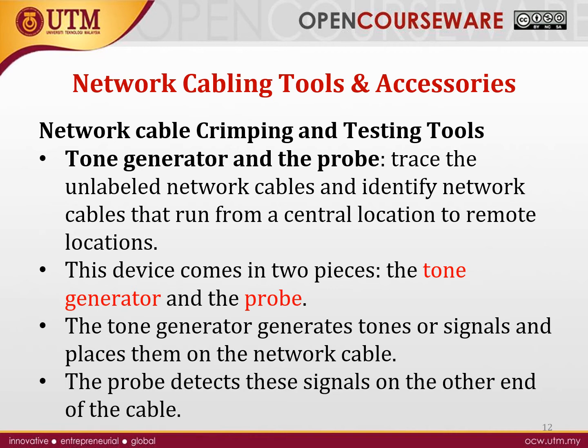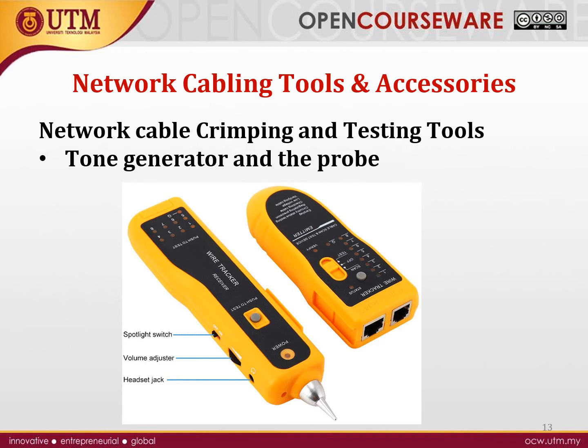The tone generator generates tones or signals and places them on the network cables to be able to check the cable, and then the probe detects these signals on the other end of the cable. So these are the two main parts of the tone generator and the probe. You plug the cable here, and then the other one can detect if there is any problem with the cable.